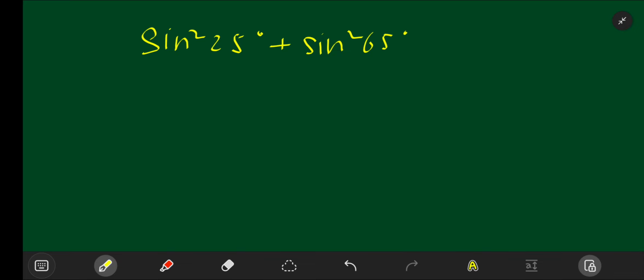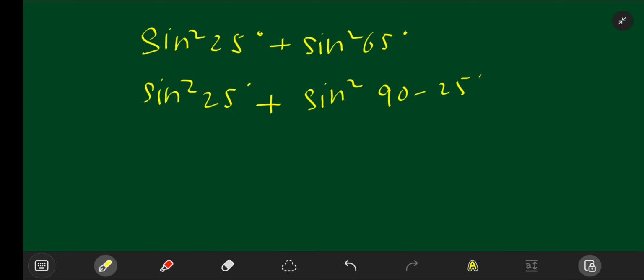You have to change any one, either this or this, to the cos theta value. I will do this one. Sin square 25 degrees plus sin square (90 minus 25) degrees. 90 minus 25 is 65, so 65 degrees is written as 90 minus 25.